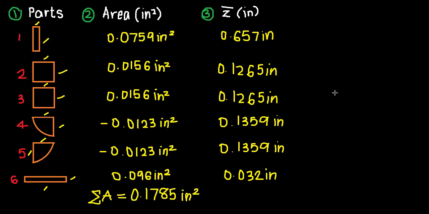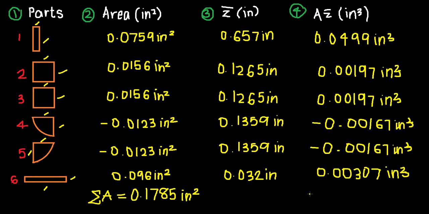Now let's head on to our 4th step. For our 4th step, we simply multiply our respective areas for each shape into their z position. Now, of course, let's figure out its summation, which is 0.0537 inches cubed.